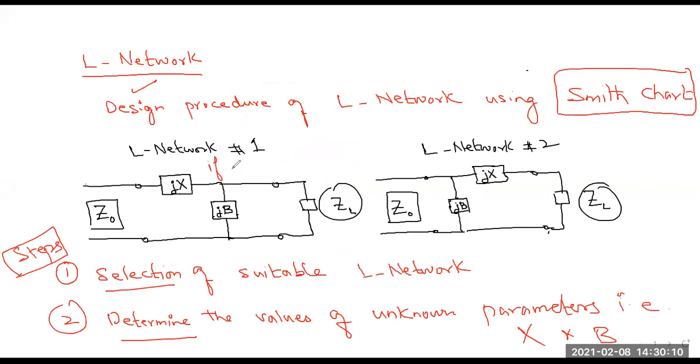Let me represent the normalized load by ZL dash. If ZL dash is inside the 1 plus jx circle, L network number 1, and L network number 2 if ZL dash is outside the 1 plus jx circle.